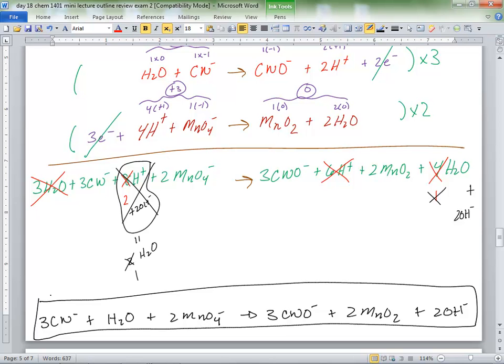So I have 9 oxygens over here, right? And over here, I've got 3, 2 times 2 is 4, so 4 and 3 is 7, and 2, 9 oxygens. So it's balanced.